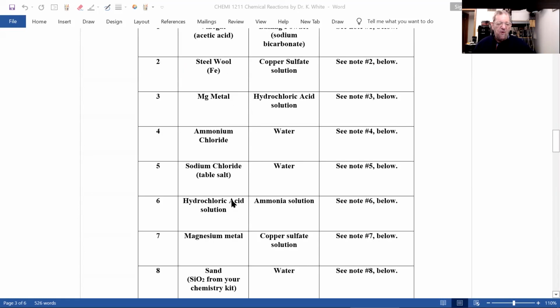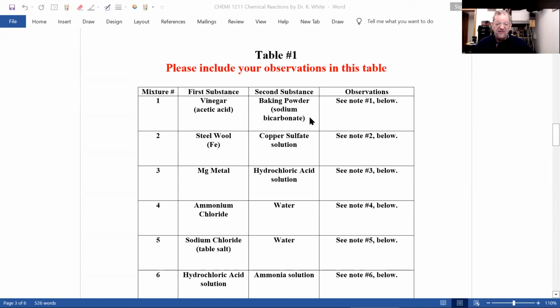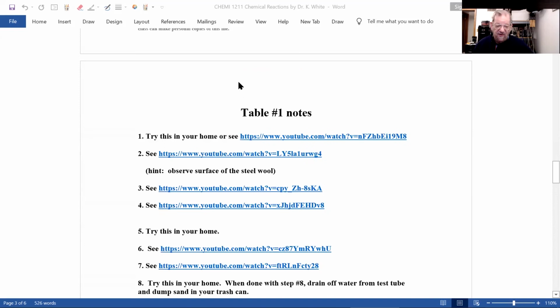Now, for the ones that are not 5 and 8, how do you find out? Well, let's look at what happens when you react vinegar and baking powder. If you have this at home, try it in the sink. If not, see note 1 below. You can try it at home, or you can watch this YouTube.